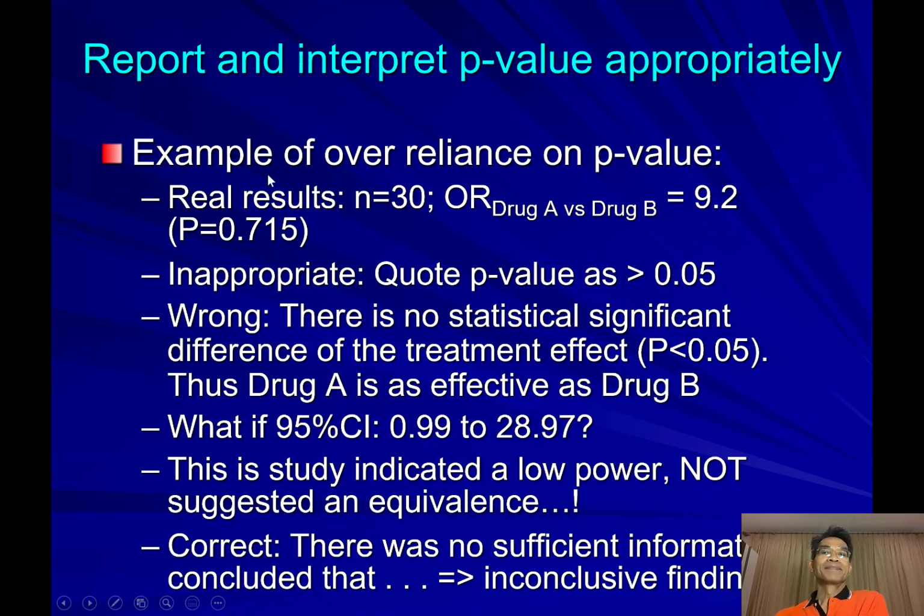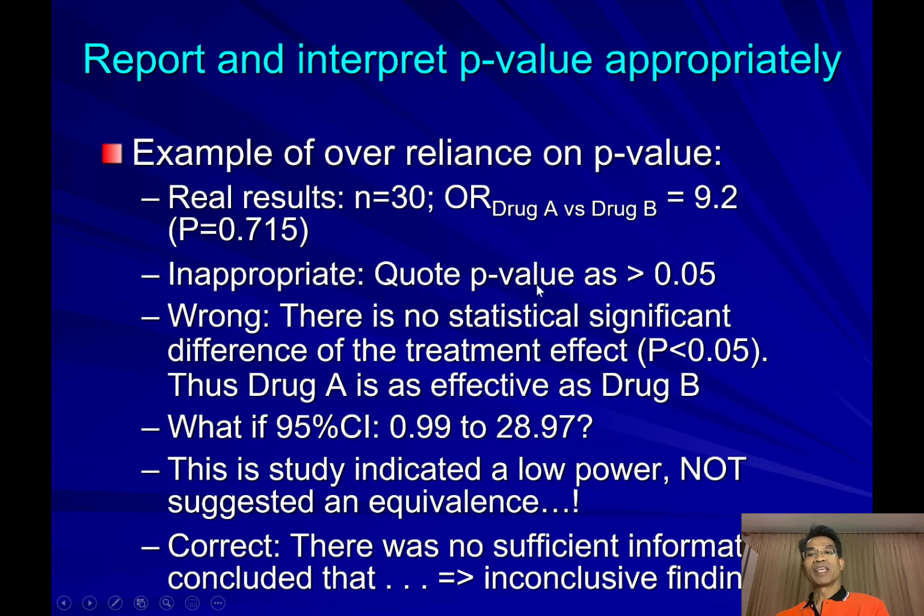Second, over-reliance on the p-value. If the real results are like this, with a smaller sample size, it has a very high odds ratio, like 9 times, but the p-value is non-significant. What does it mean here?